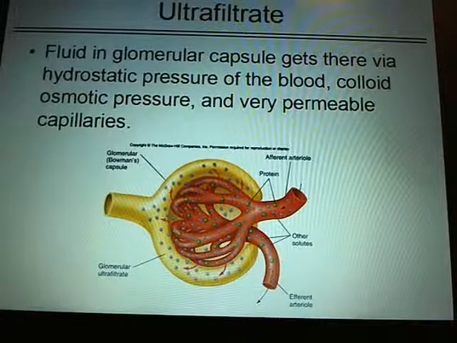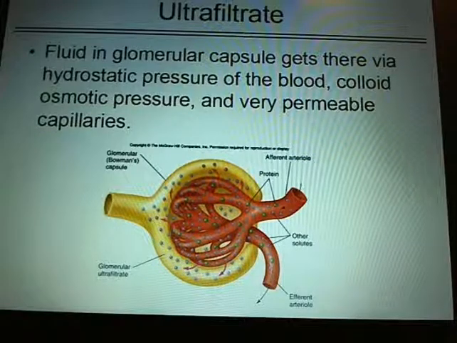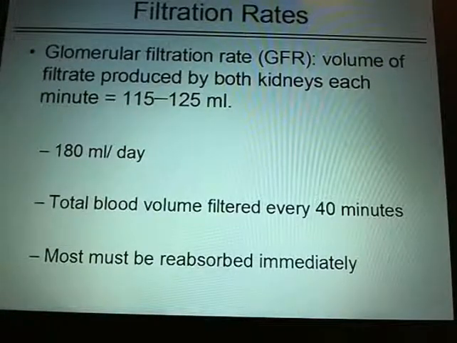Ultrafiltrate: fluid in the glomerular capsule gets there via the hydrostatic pressure, and then collects in the Bowman's capsule and moves through the proximal convoluted tubule, the loop of Henle, distal convoluted tubule, collecting duct, etc. Glomerular filtration rate is the amount of filtrate that can be produced, somewhere around 180. That should be liters a day, not milliliters per day.